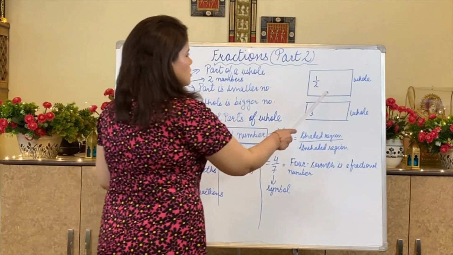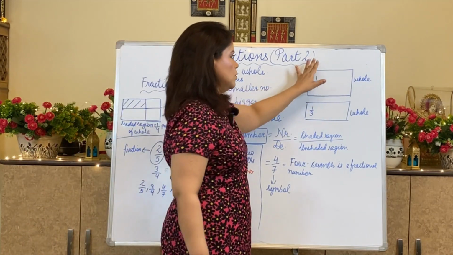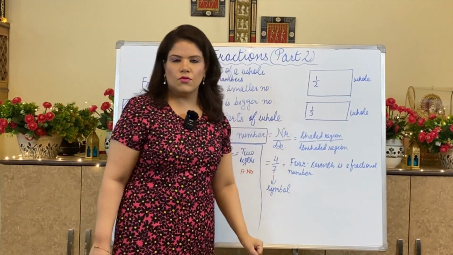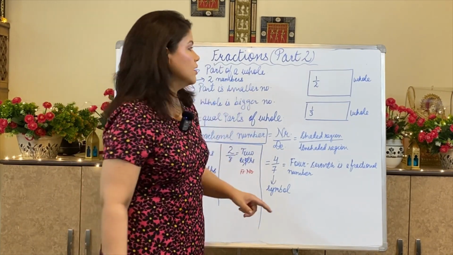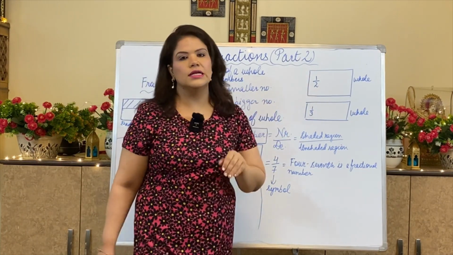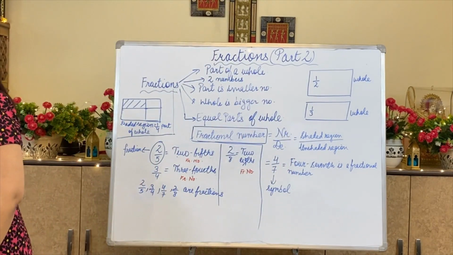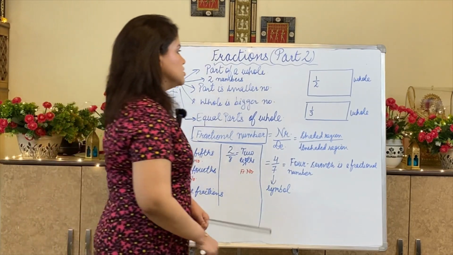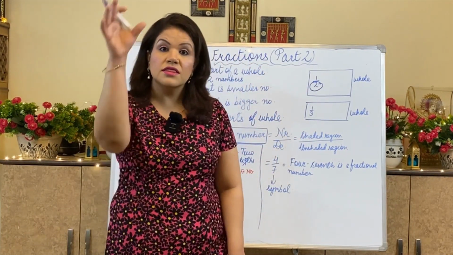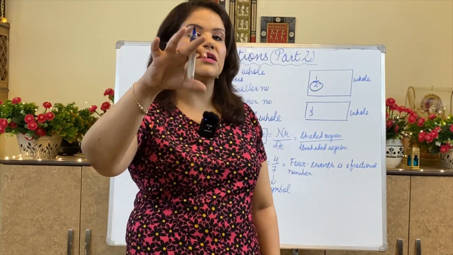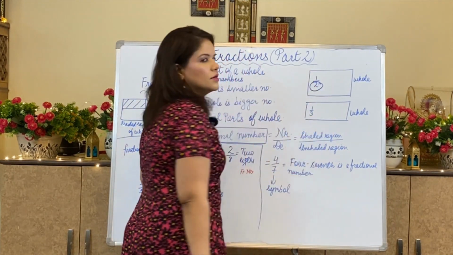Now I am taking this figure. I have this whole. I want to divide it in such a way that I get 1/2 in each part. So 1/2 is telling me, this 2 is telling me the number of parts this whole has to be divided into, and I have to pick one part out of it.